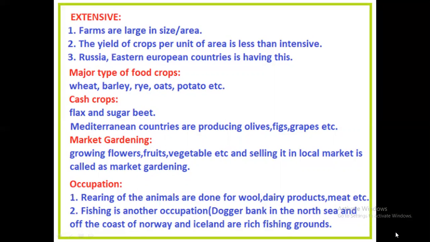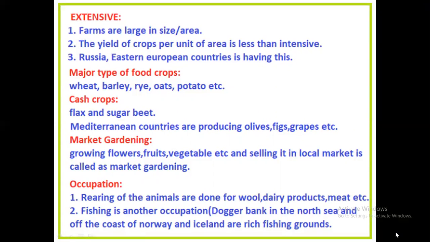Next is the cash crops. The crops which are grown for profit purpose so that they can be sold and profit can be earned are cash crops. Examples: flax, sugar beet, etc. These are the cash crops grown in this continent. Sugar beet is a type of crop from which sugar is made.